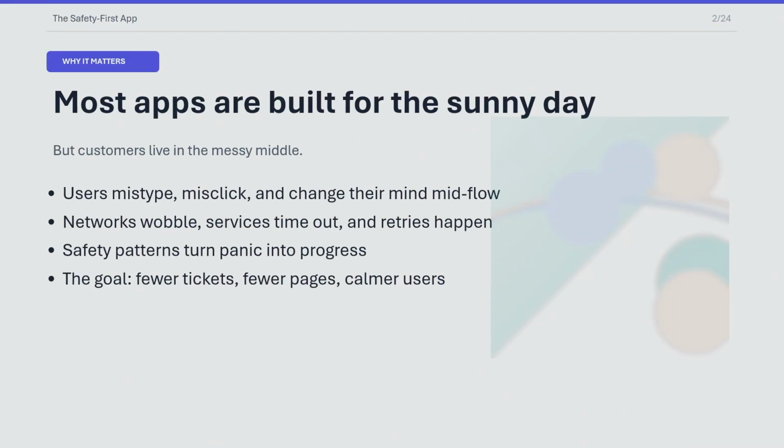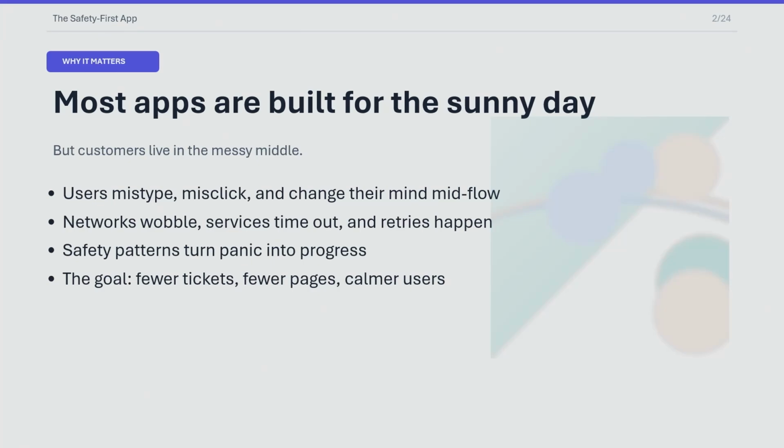Most apps are built for a sunny day. We build apps focusing on the features and ensuring that they work as they should. However, our customers often live in a messy middle. Users mistype, misclick, and change their mind mid-flow. It's very common. Customers aren't perfect, and there's always that one edge case, or that one random day where, say, an AWS region goes down, and we've all been through that.